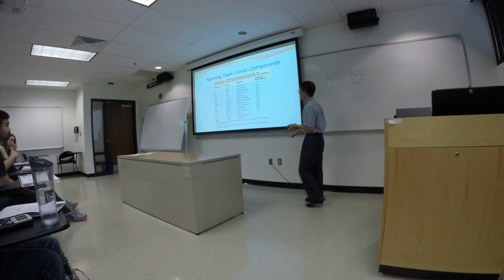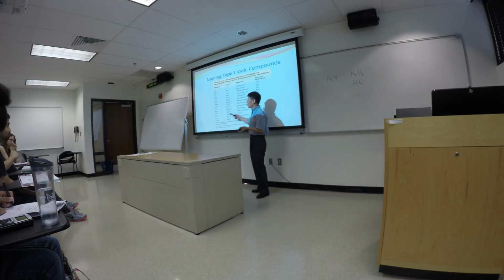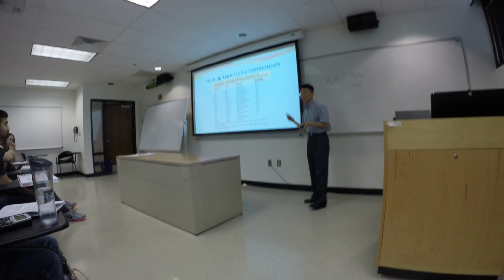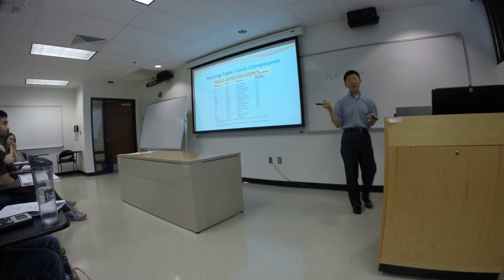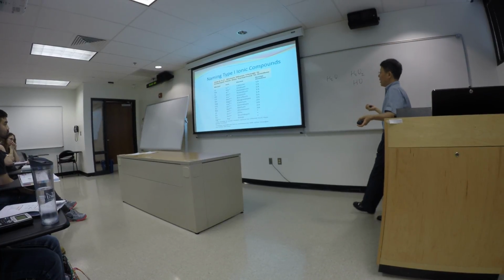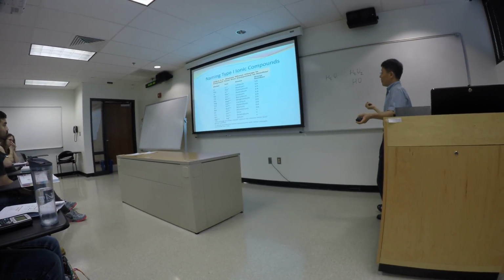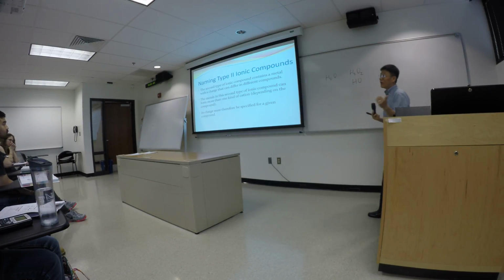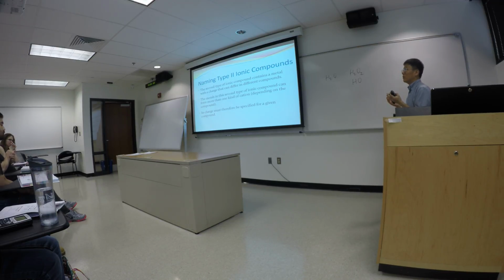But mainly when zinc forms an ion, it forms 2 positive charges. But zinc is a transition metal, so you cannot really determine the charge of zinc based on the group number, because it's actually a B group element. So for the other type of ionic compounds, which involves transition metals, you have to determine the formula based on the charges.